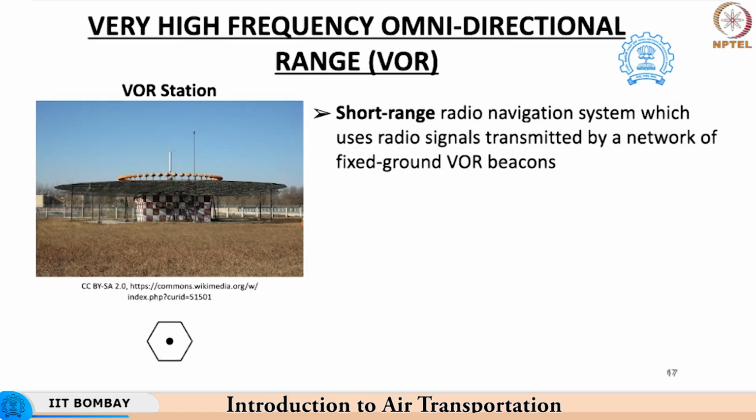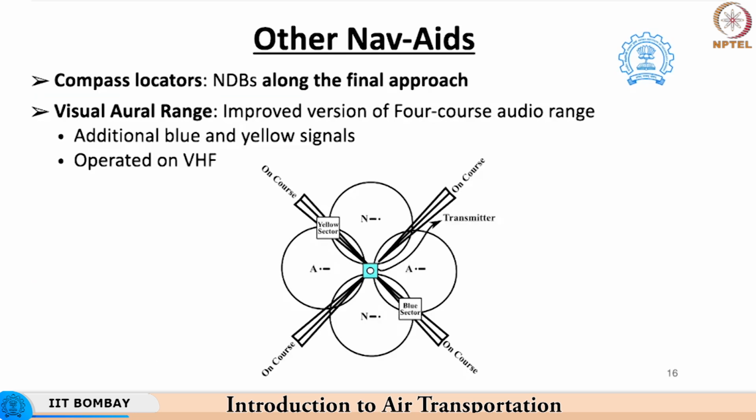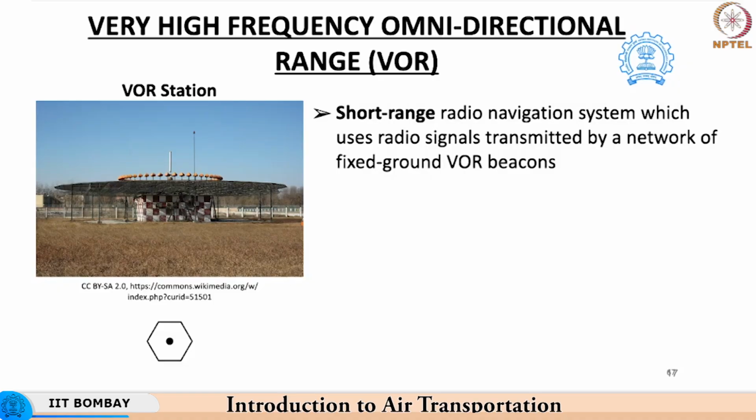So with the advancement of further radio navigation equipment, another tool was used to carry out navigation, which is called the very high frequency omnidirectional range, or more famously called VOR. These VORs are basically short range radio navigation systems which use radio signals transmitted by a network of fixed ground VOR beacons.